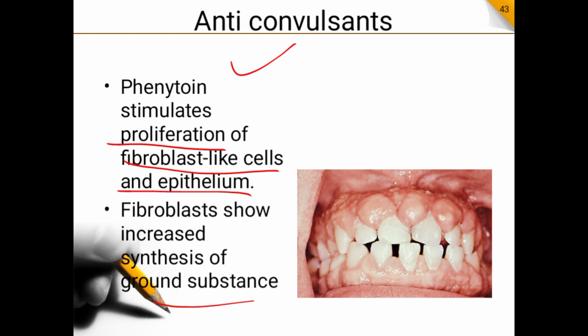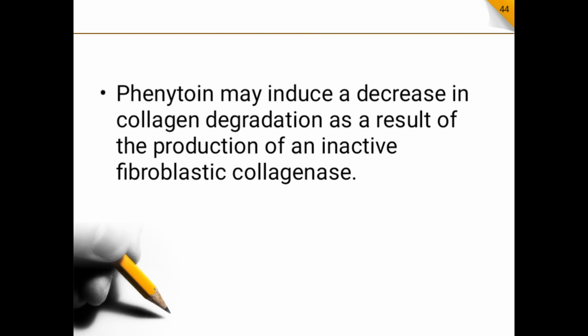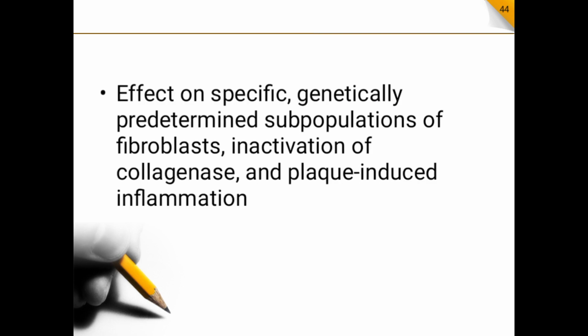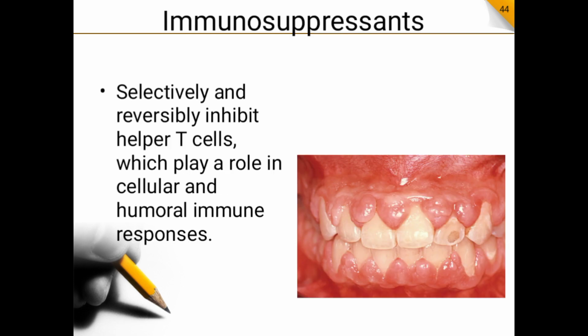Fibroblasts show increased synthesis of ground substance, and there is a decrease in collagen degradation as a result of production of inactive fibroblast collagenase. So basically they inactivate the collagenase. They will not be able to break down the collagen. The effect is on a genetically predetermined subpopulation of fibroblasts, inactivation of collagenase, and plaque-induced inflammation.